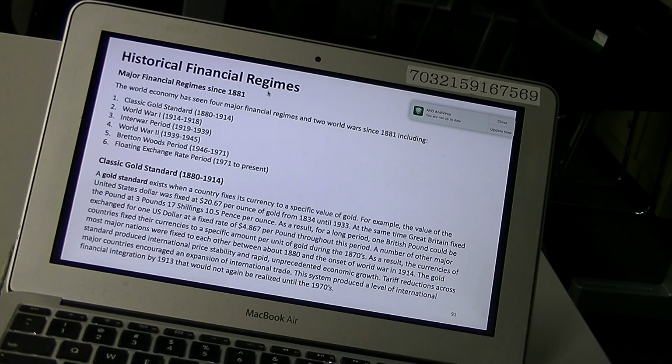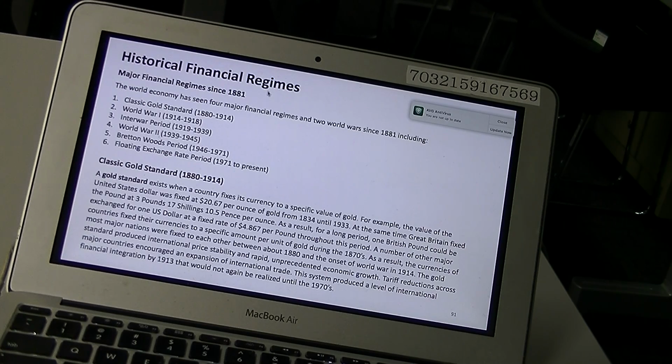At the same time, Great Britain fixed the pound at £3 17 shillings 10.5 pence. Don't worry about that. That's old. There was a very complicated way that Britain determined its currency. But during that time, the British pound was fixed to gold and the U.S. dollar was fixed to gold, so that meant you could exchange back and forth.